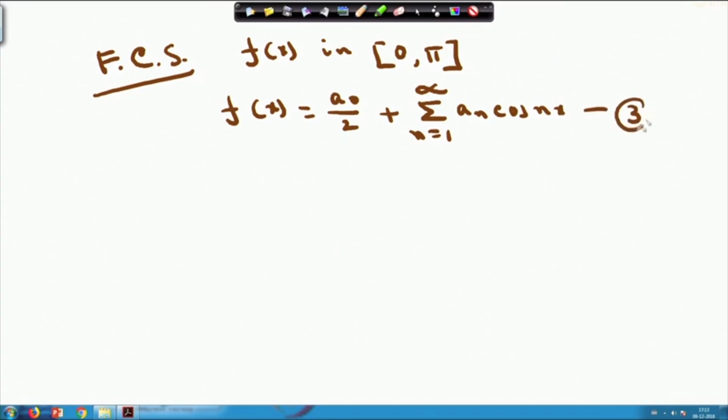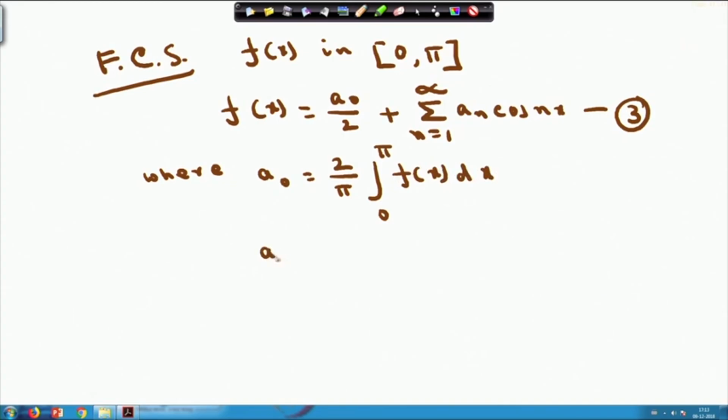This is equation 3, where a naught is equals to 2 by pi integral 0 to pi f x dx. All these things we have done earlier, and a n equals 2 by pi integral 0 to pi f x cos n x dx.